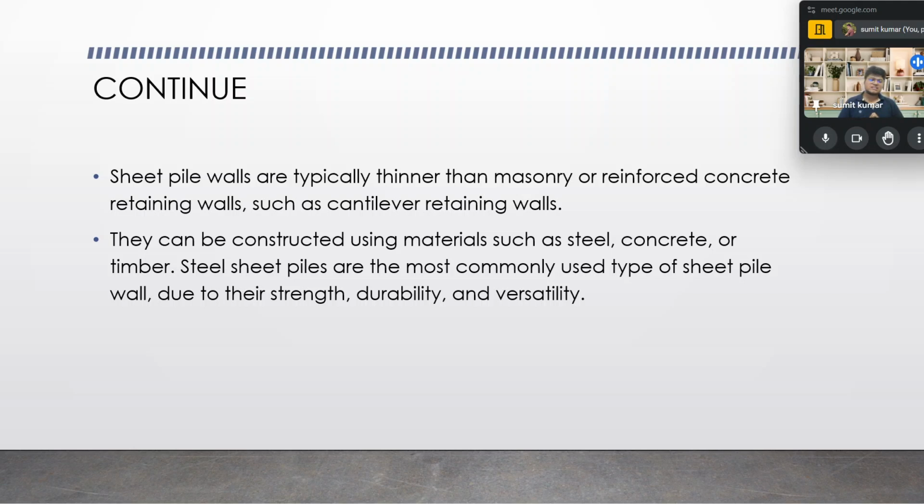When we talk about the different materials used for the construction of sheet pile walls, one aspect becomes very important: different materials could be used, but which material we should implement depends on the type of work we are doing after the construction of the sheet piles.